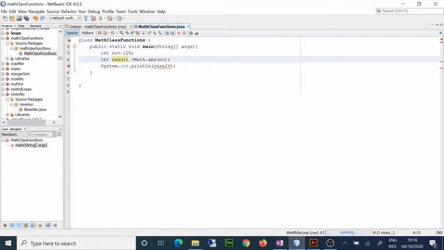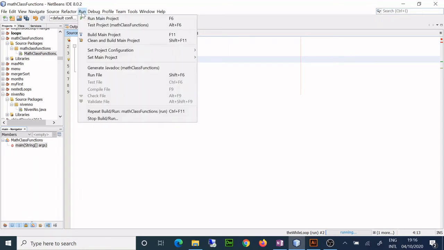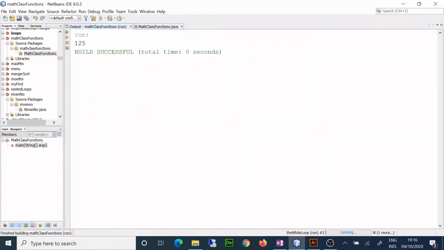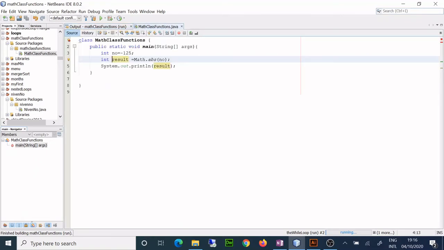So I'm going to run. It returns me 125. So it will remove this sign from there, because the actual value of minus 125 is 125. So we ignore this minus sign over there, then it returns us this.